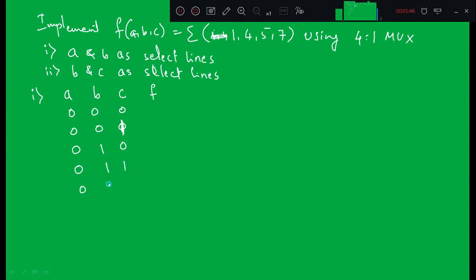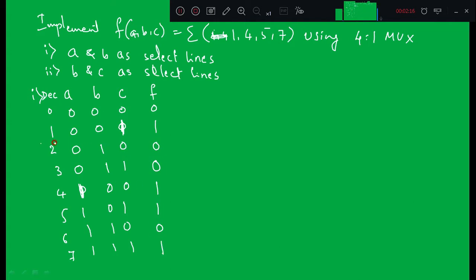The decimal values go like 0 1 2 3 4 5 6 7. Now f is equal to 0 for 0, 1 for 1, 0 for 2, 0 for 3, 1 for 4, 1 for 5, 0 for 6, 1 for 7, right? Now again group as I told in the last problem.